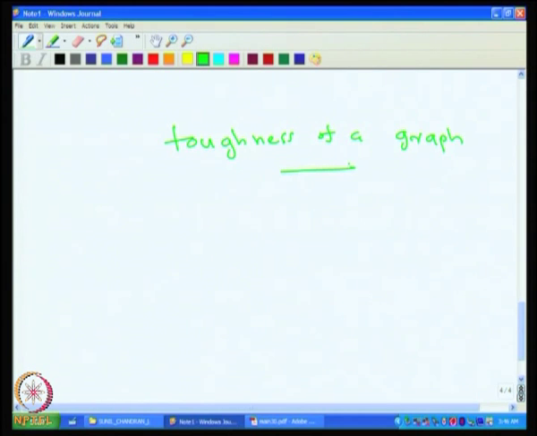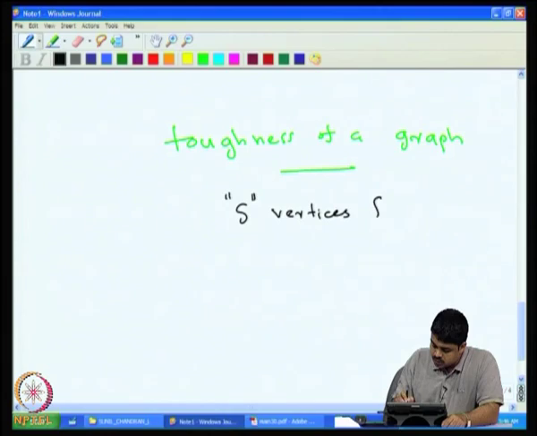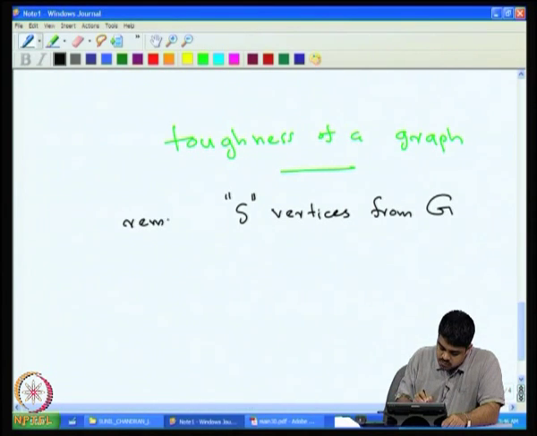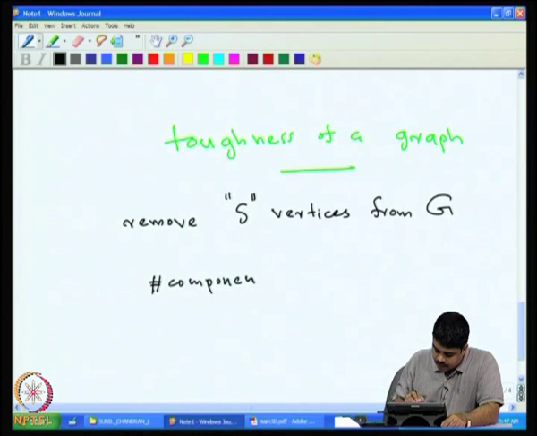Suppose you remove some s vertices from the graph. Remove s vertices from G, and then count the number of components in G minus s.